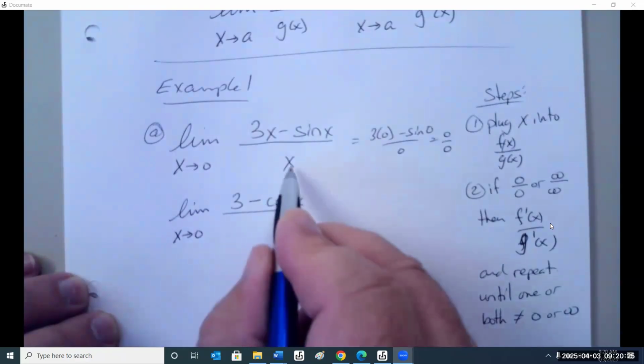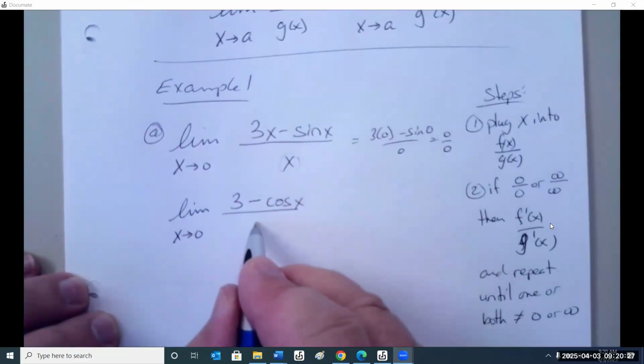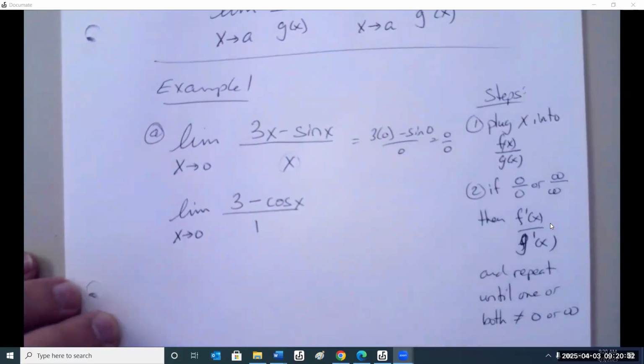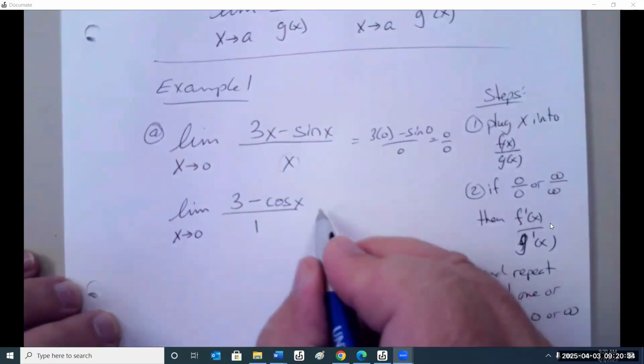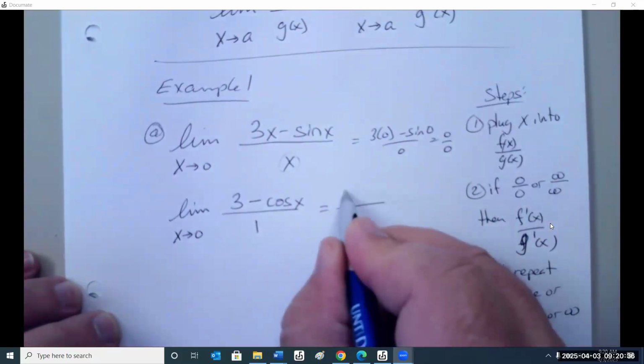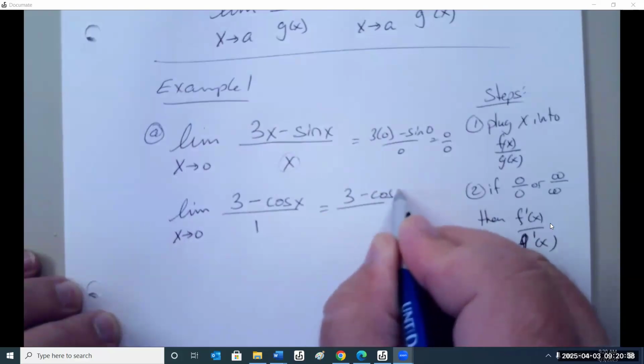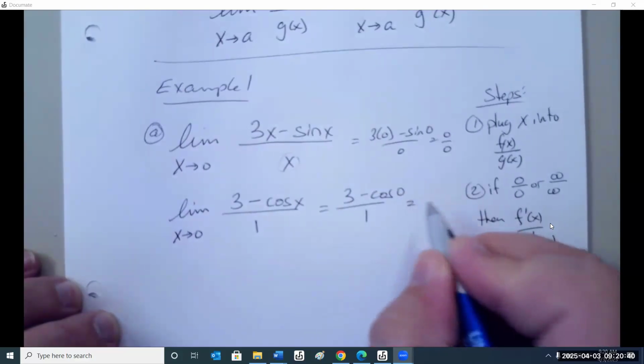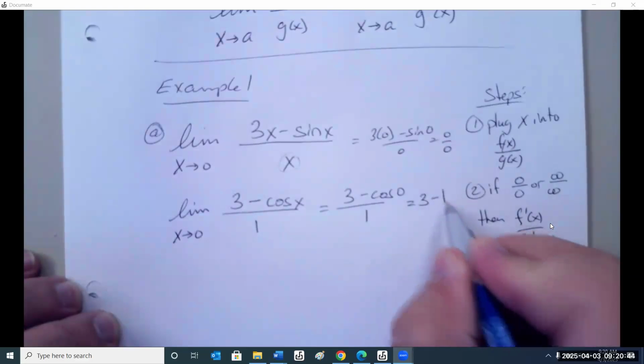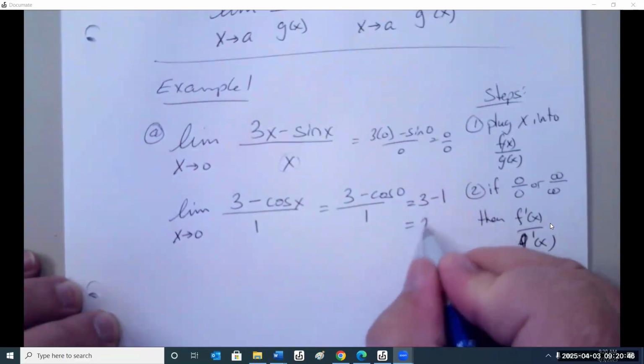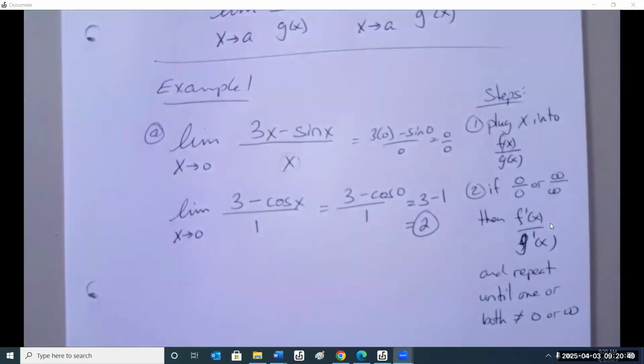Cosine. What's the derivative of x? 1. Now we plug in 0. Cosine of 0 over 1. What is cosine of 0? 1. So there's your answer.